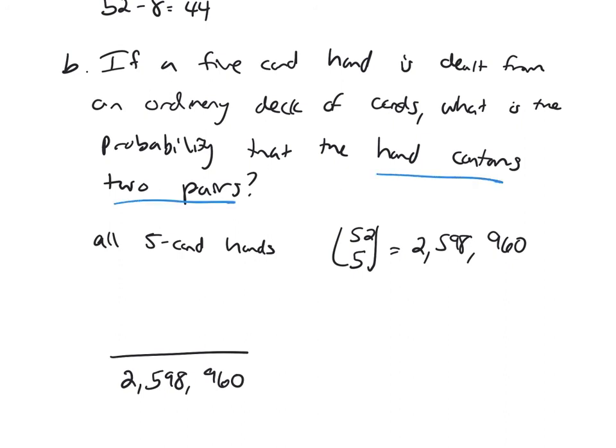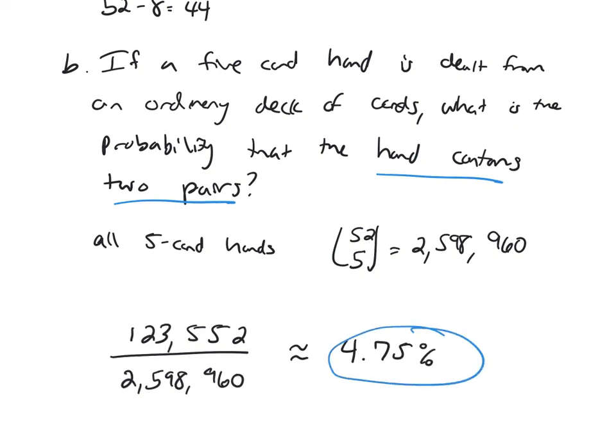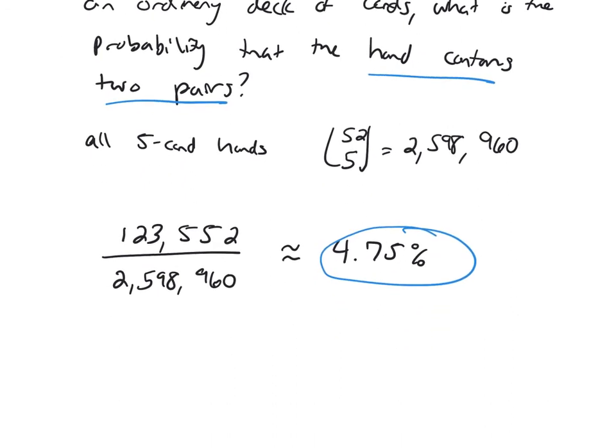We counted that in part A, 123,552. So this would be the probability. If you converted it into a percentage, it's approximately 4.75%. So it's not really that likely that if you had a random hand, it would contain 2 pairs.